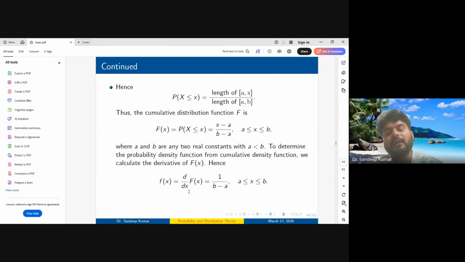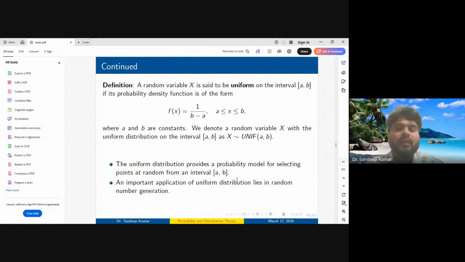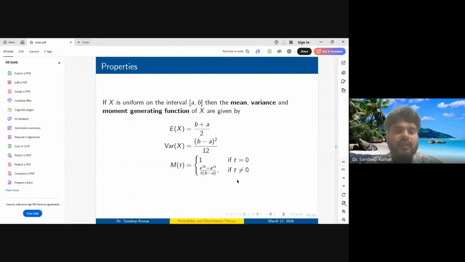This is the PDF of the uniform distribution, and the range of this distribution is A less than or equal to x less than or equal to B. The notation of this distribution is X follows uniform distribution (A, B). Here there are two parameters, A and B, and the uniform distribution provides a probability model for selecting points at random from an interval A, B. An important application of the uniform distribution lies in random number generation.